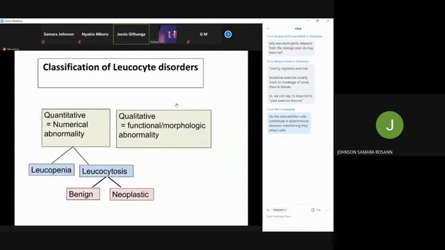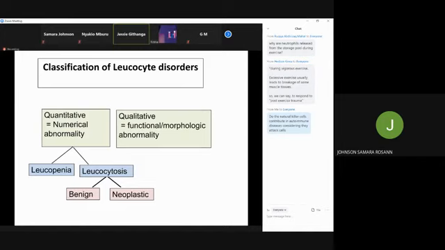Now, just before we go on to how to investigate, how do we classify the leukocyte disorders? We classify them as per the quantities. Is it a quantitative or numerical abnormality? Or is it a qualitative one? Qualitative means, is it a functional or morphologic abnormality?